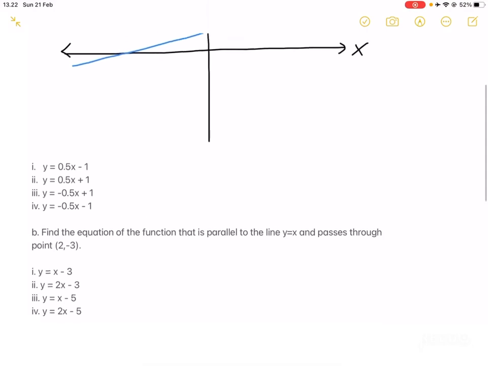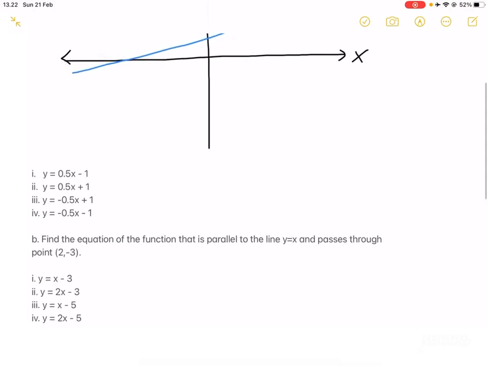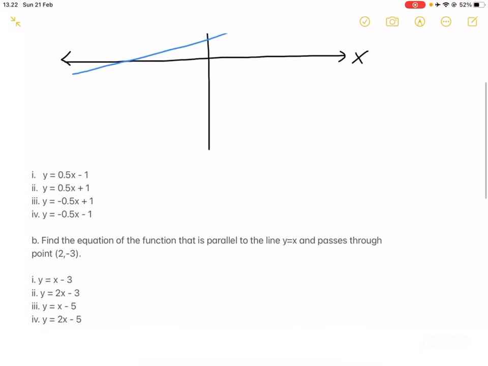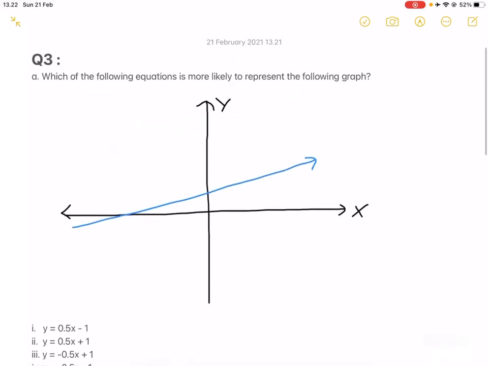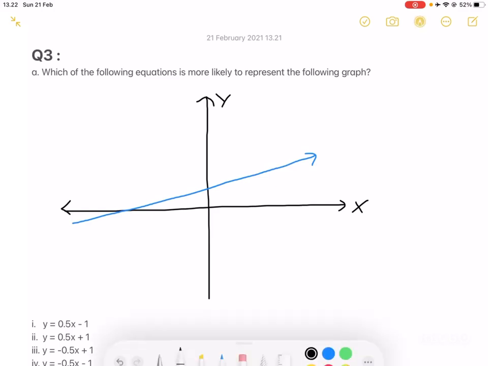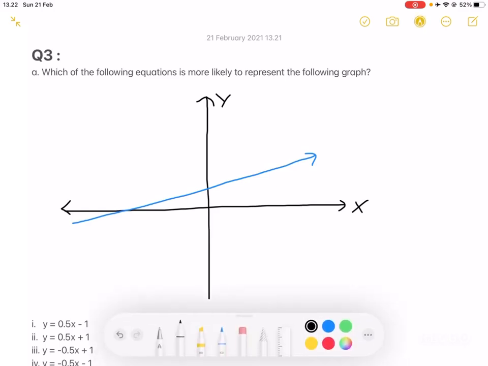Given our choices right here, the only things that differ are the signs of the constants and the coefficients of x. To solve this problem, we only need to consider two things: the gradient and the y-intercept. We must know that a positive gradient means the graph slopes upwards from left to right, which is the case here. So the gradient must be positive.